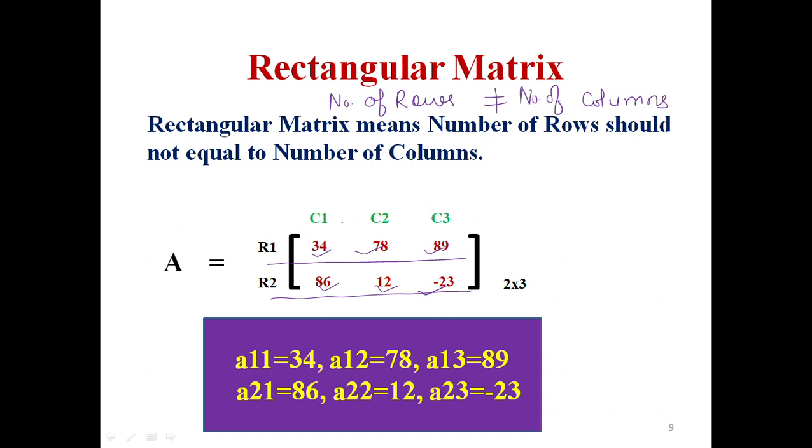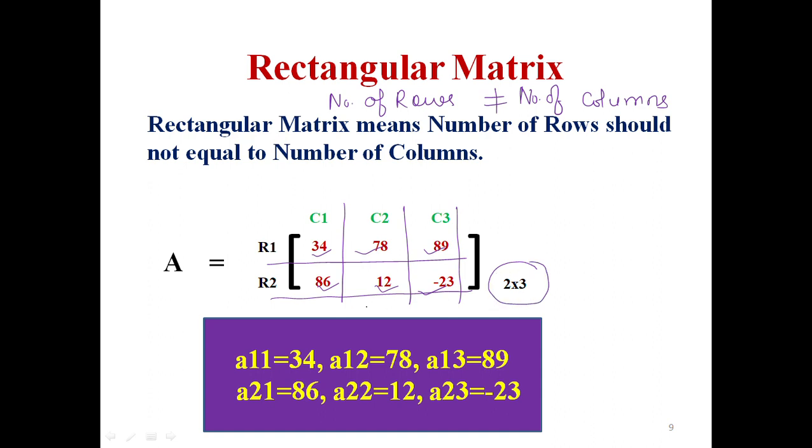And columns, we have column 1, column 2 and column 3. In column 1 we have given 34, 86 elements, and in column 2 78 and 12, in column 3 89 and minus 23. So we can say that we have given a 2 by 3 order matrix.